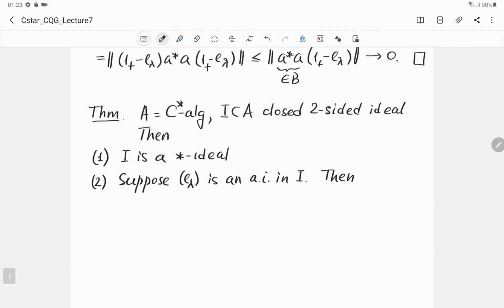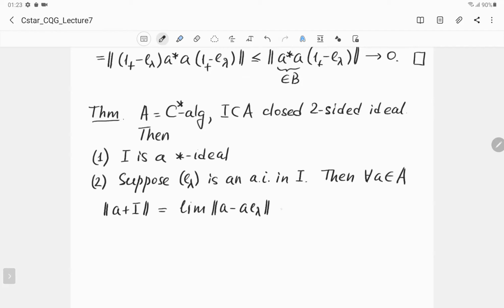Then, for each element A in our algebra, the norm of the respective element in the quotient, A plus I, can be given by the following formula. Well, this is the limit of A minus A e_lambda.